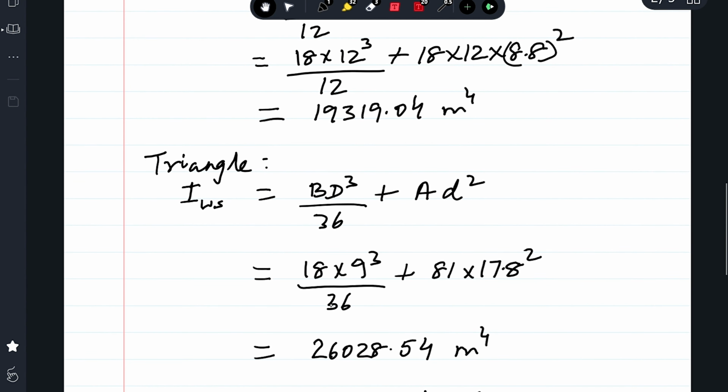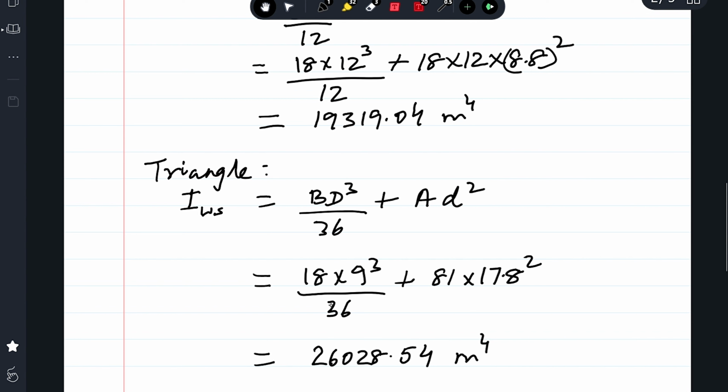So 18 is the base, into 9 cube, which is the depth of the triangle, because the complete triangular portion is also immersed below the water. So we take the complete base and the height of the triangle upon 36, plus the area of the triangle, which is immersed, is 81, and the depth of the centroid of the triangle from the water surface.